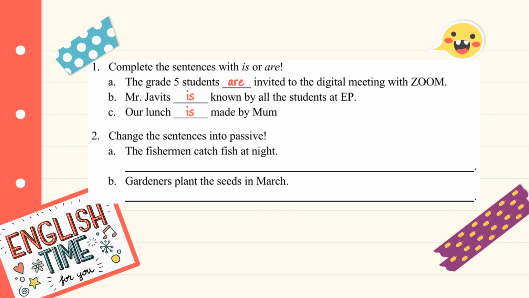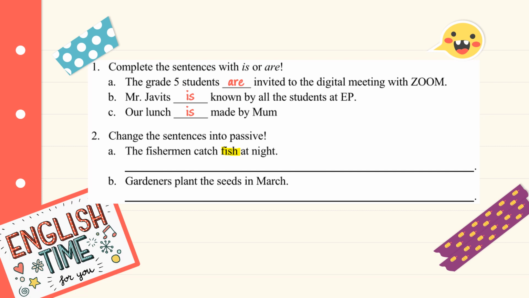Now, number 2. Change the sentences into passive. Look at A. The fishermen catch fish at night. What is the object of the sentence? The object of the sentence is fish. So you must put fish at the beginning of the passive sentence. How many fish are there? There are more than one fish.